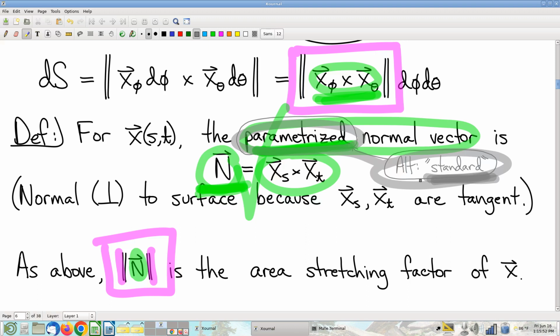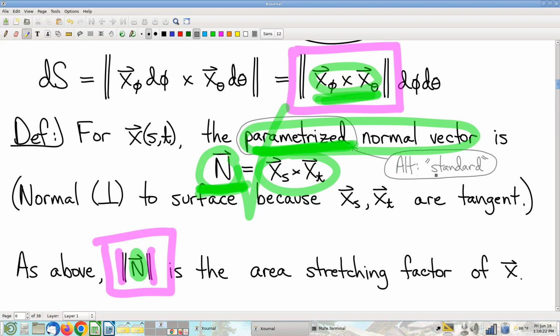There's lots of parameterizations. Every parameterization will give you different parameterized normal vectors. I think it's weird to have a bunch of different things that you all call standard. I'm not a fan. So anyway, I will be calling this the parameterized normal vector. Be aware the book will call it the standard normal vector. We're talking about the same thing, different terminology.